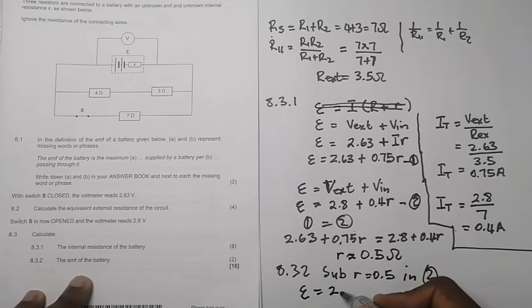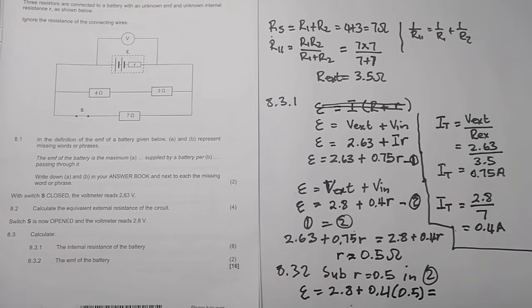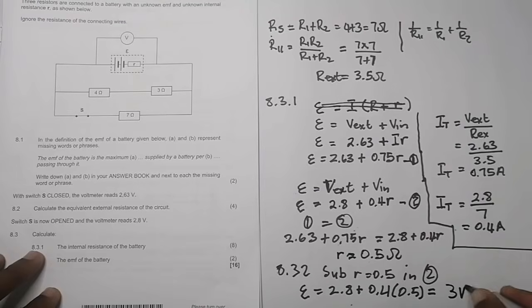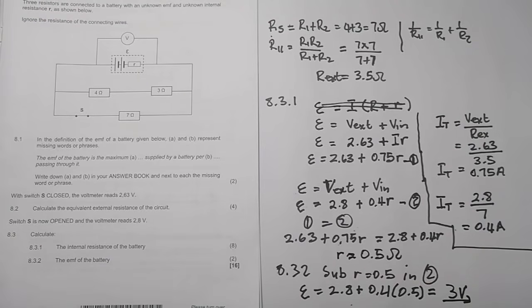E is 2.8 plus 0.4 times 0.5. So 0.4 times 0.5 gives us 0.2, and if we add that to 2.8, we should get an EMF of 3 volts. That is my EMF value.